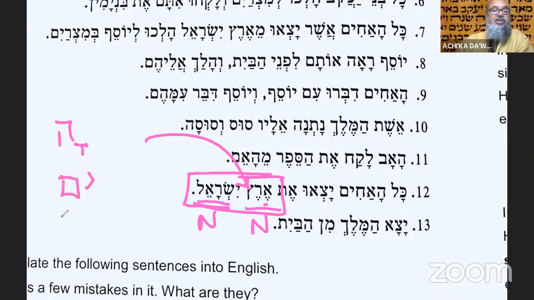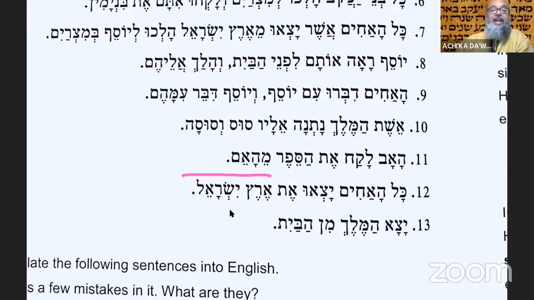If it doesn't end in these two things right here, there's no change to this word. Okay, but it's still the land of Israel, not a land, it is the land.